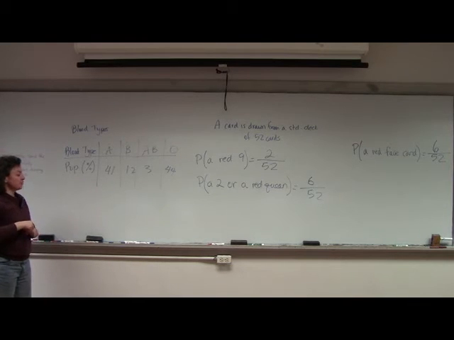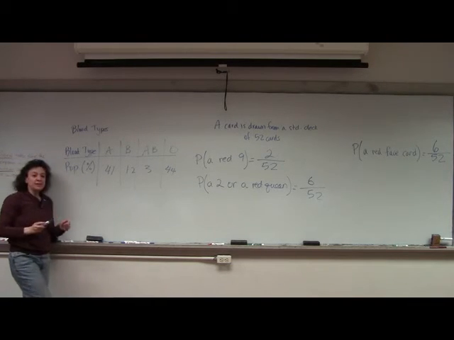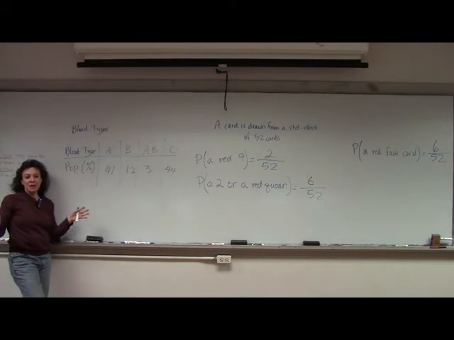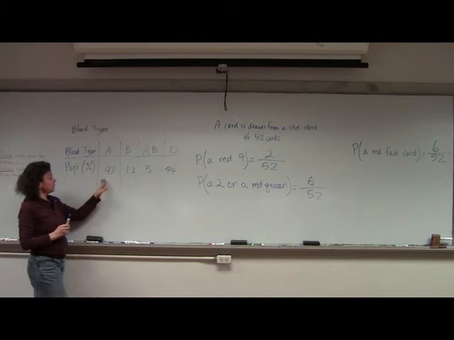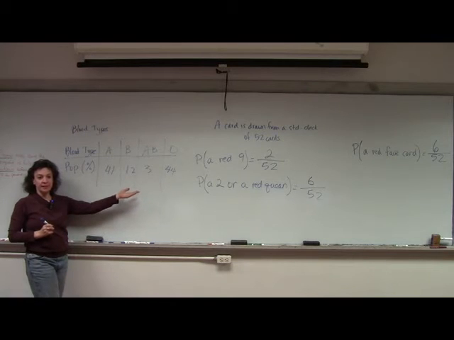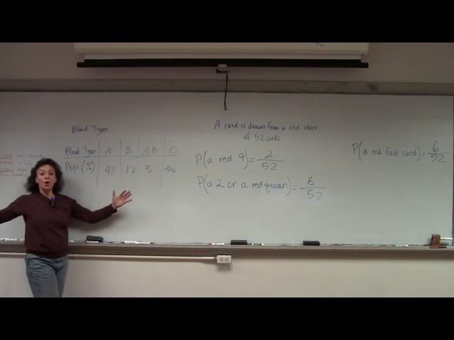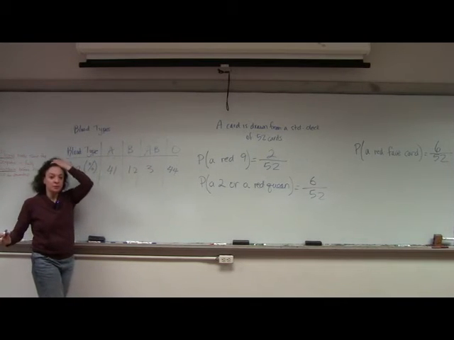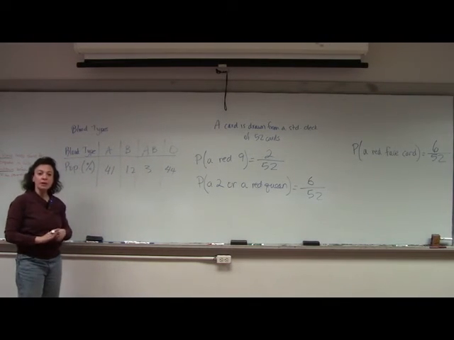So, the moral of the story is this. When you're given the percentages in a table, you should be totally psyched. Okay? It's really all given to you. Now, notice, if we add these four numbers, we're going to get 100%, because the whole population in its entirety is going to have one of these four different blood types.